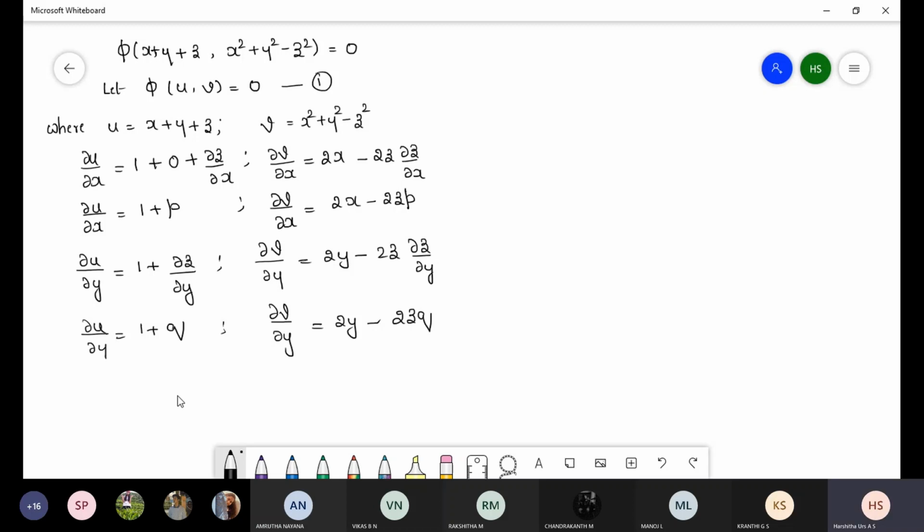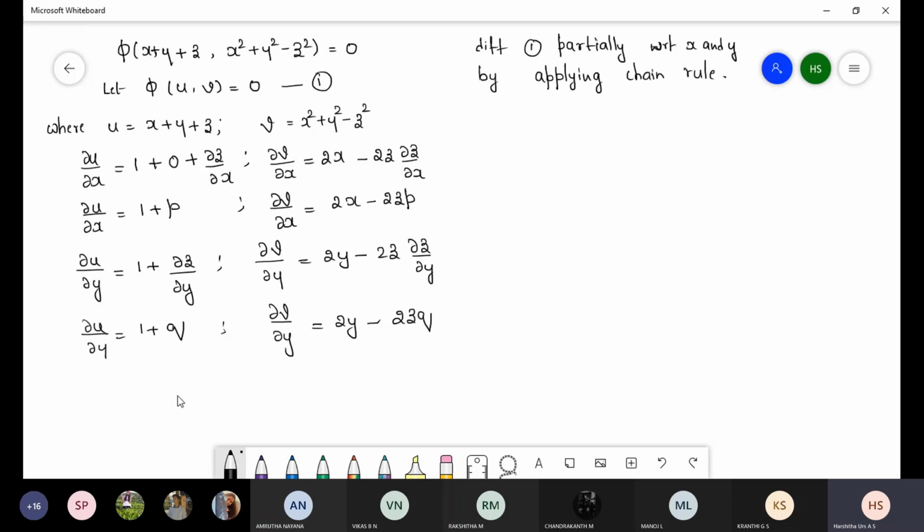One more thing we have to do, differentiating equation 1 partially with respect to x and y by applying chain rule.